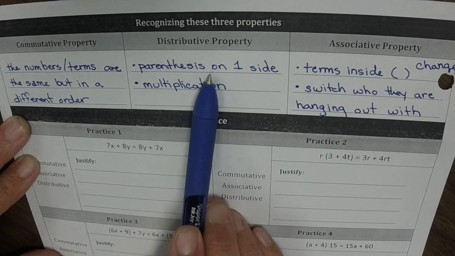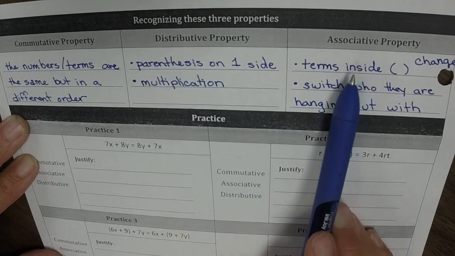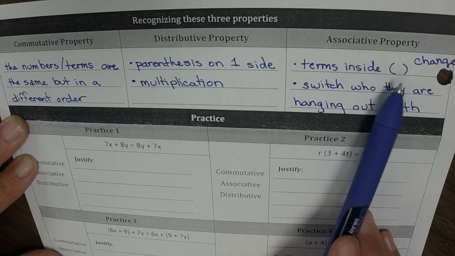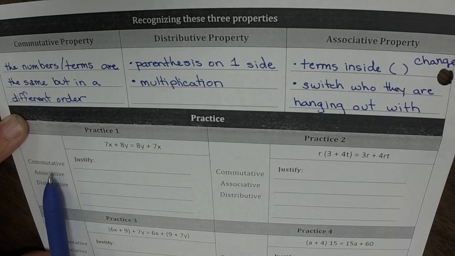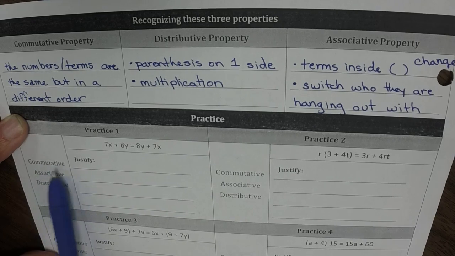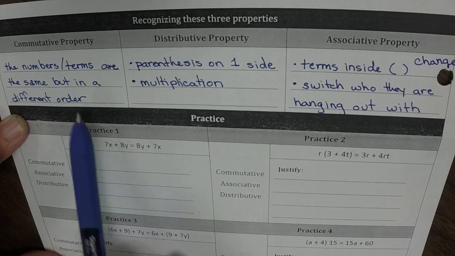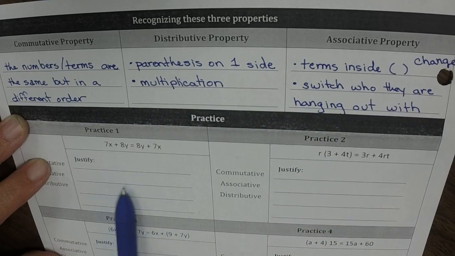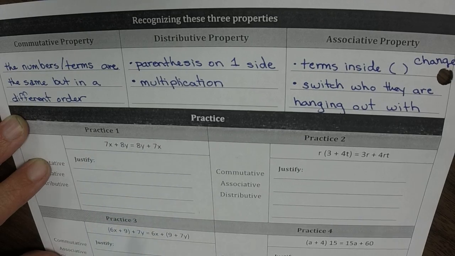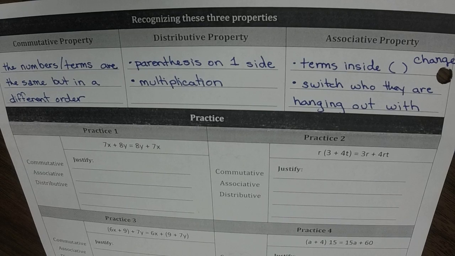Is there only parentheses on one side? Or did the terms inside the parentheses change? So you're going to look at each problem, and then you're going to pick, is it commutative, associative, or distributive? And then once you've picked, you're going to justify it using one of these things. So you're going to tell me why you said that it was that property. Okay? So there's about 6 of those for you to try. Please remember, I am in the room, so you don't have to struggle through it.